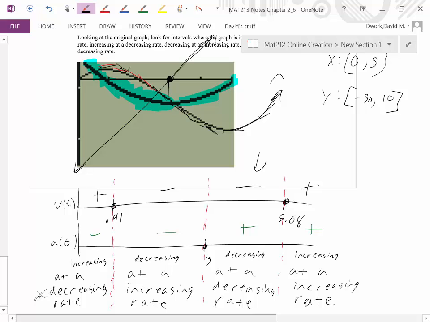You'll see the same idea here in this third column. We are going down, but the fan is trying to push us up. So therefore, once again, we are decreasing because our velocity is going down, but we're doing it at a decreasing rate because the fan's trying to push us up. They're fighting each other. Now, where you get increasing rates, here in column 2 and in column 4, is when they agree.